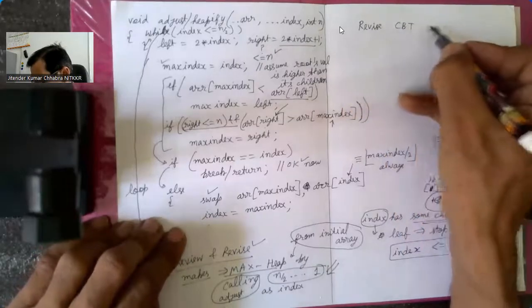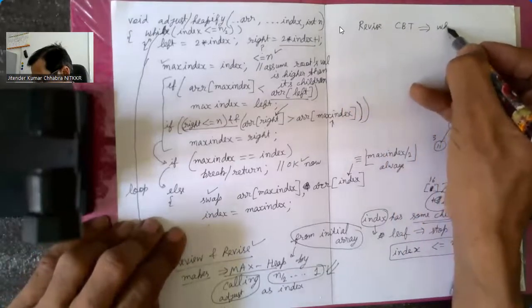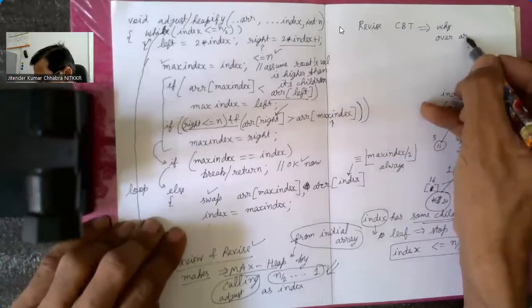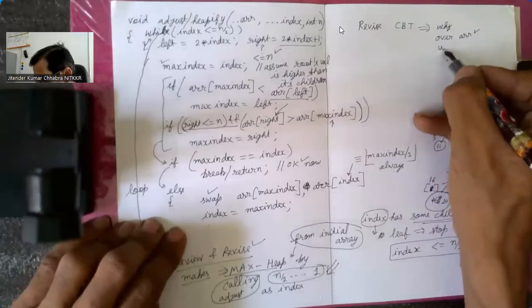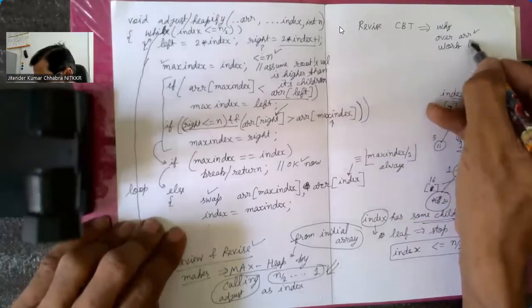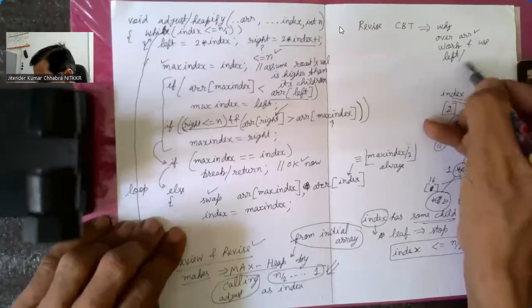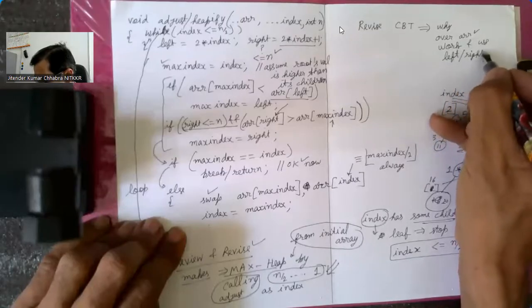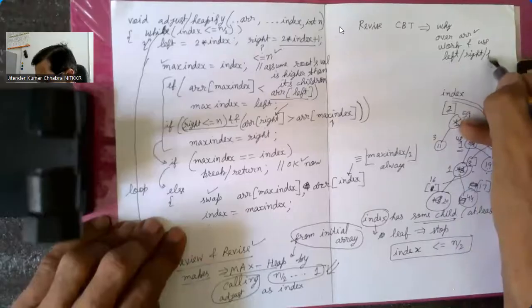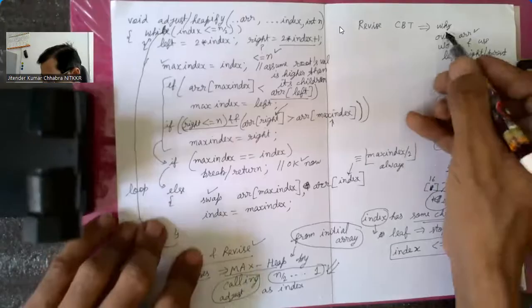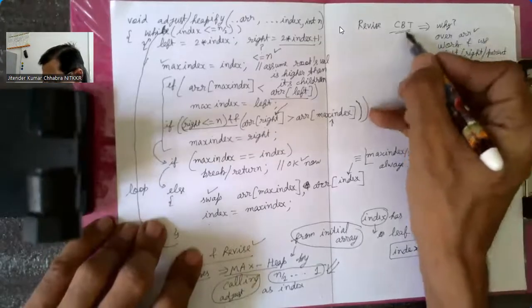So I think with this I will stop, and I'll suggest you revise the concept of a CBT. Then, why CBT? The purpose was that over an array we can work and use the children also, the left child, right child, and parent. Directly the index will be ready. Using this, I have used CBT.